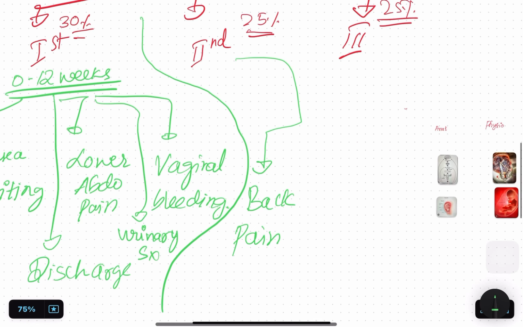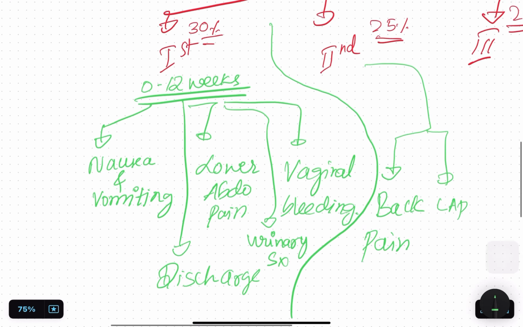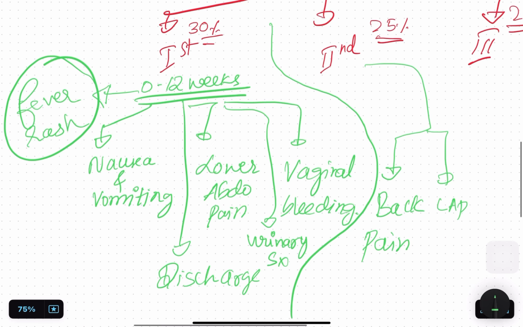Here again you might get back pain and also lower abdominal pain. Then also vaginal bleeding. That means there's some pathology, right? You have to evaluate for any abortion or anything. Then one more thing which I need to mention is fever with rash. That is something which you need to look into, you need to ask.